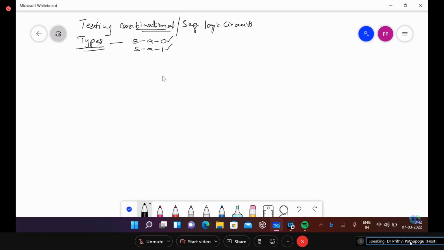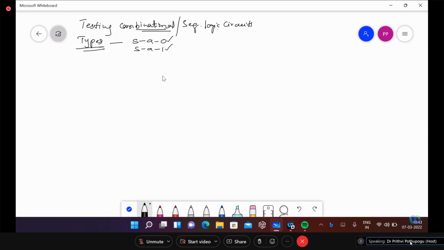So stuck at 0 means without fault, that circuit should be giving 1. If it is giving 0, it appears to be somewhere tied to an opposite value. That is the meaning. Stuck at an opposite value, stuck at 0 or stuck at 1. This is a basic definition.